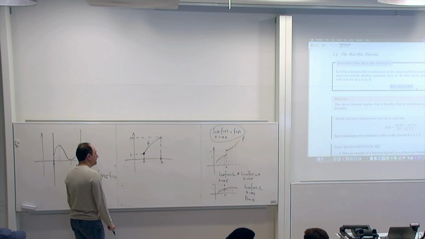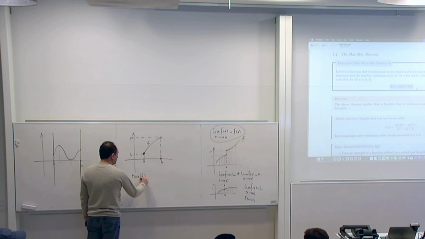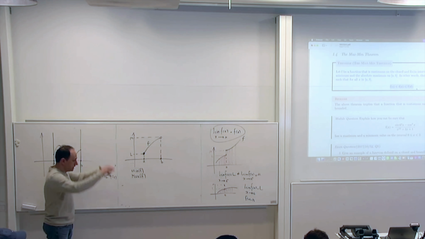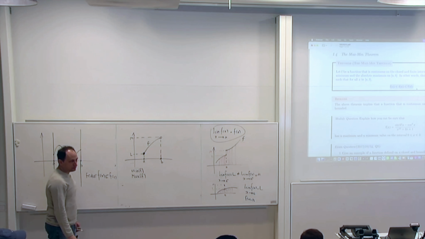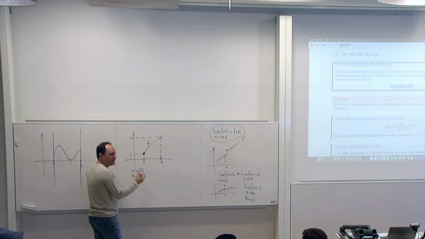Now if I ask you what is the maximum of f, let me talk about minimum first. What is the minimum of f in this picture? It means the lowest value of f. A? No, A is the point where the minimum is attained. The minimum is the value.